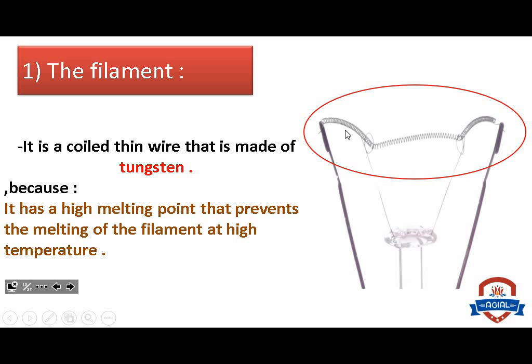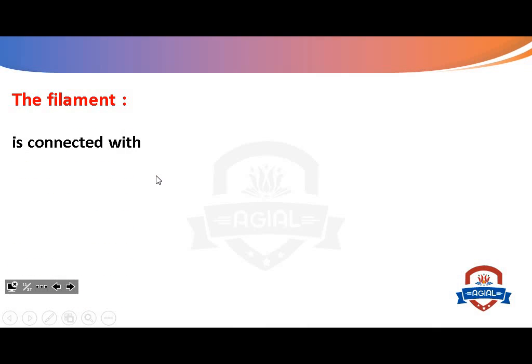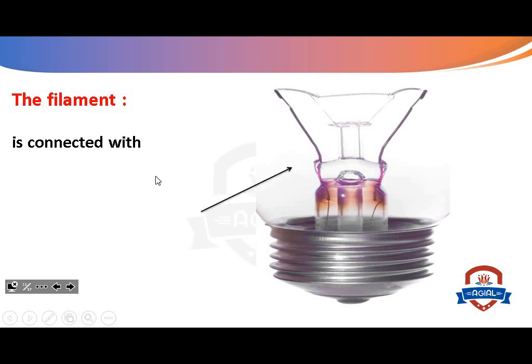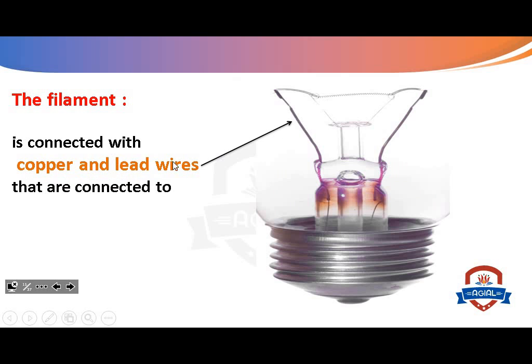So, this is a filament made of what? It is made of tungsten. Why? Because tungsten has a high melting point. After that, the filament is connected with copper and lead wires.